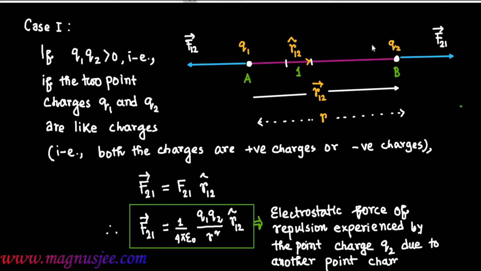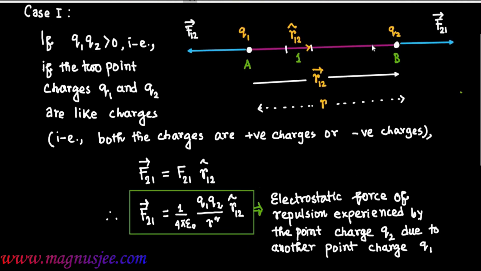Vector F21 is the electrostatic force vector experienced by the point charge q2 due to the other point charge q1.